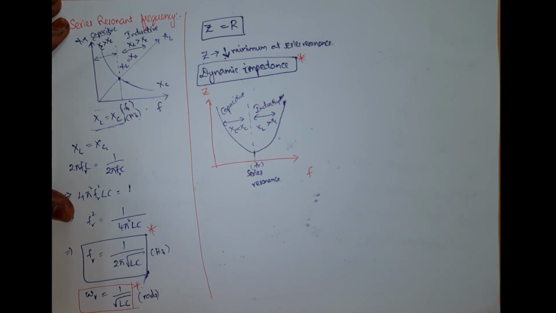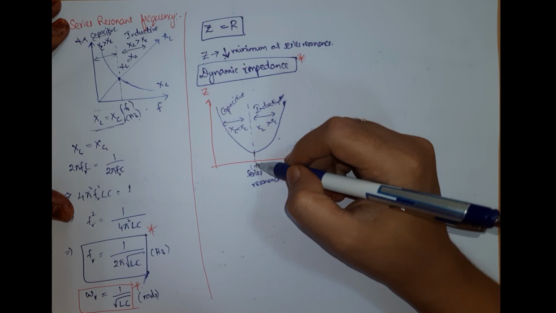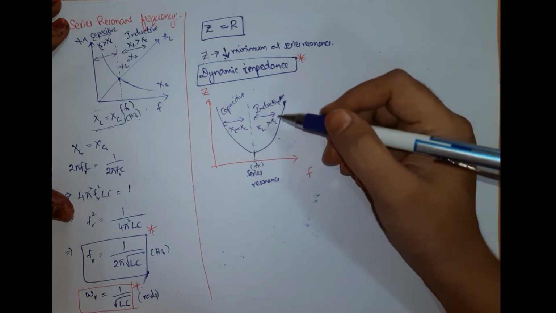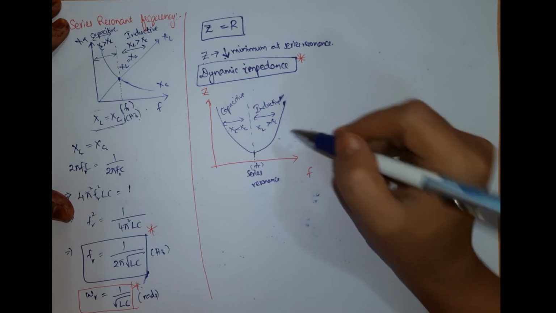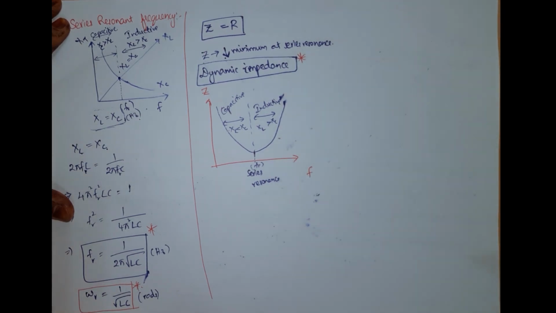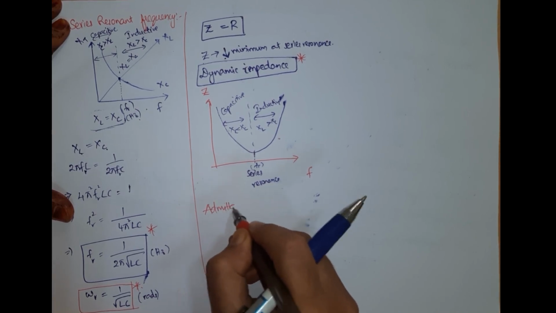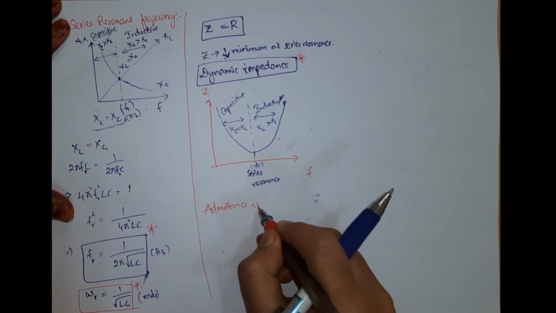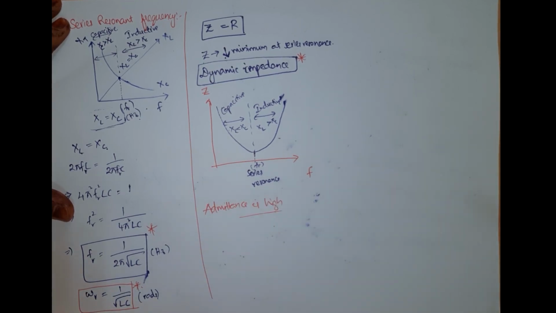Also, we can note one more point: if the circuit impedance is at its minimum at resonance, then consequently the circuit's admittance must be at its maximum. One of the characteristics of a series resonant circuit is that admittance is very high, as admittance is the inverse of impedance.